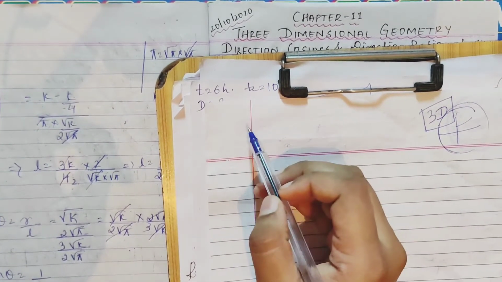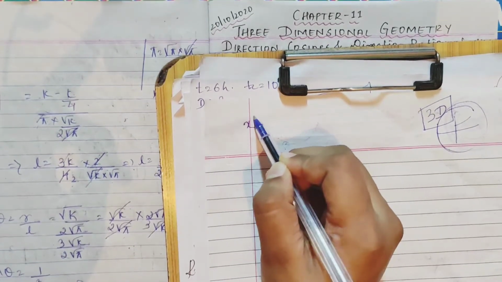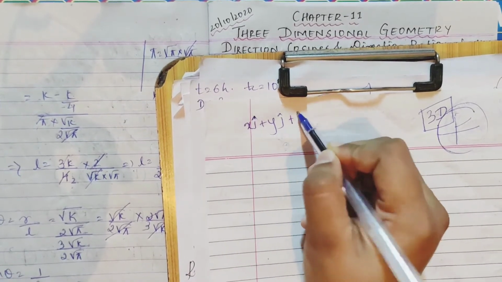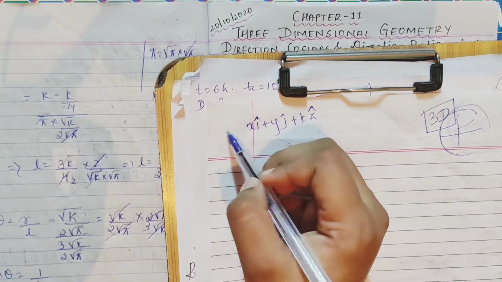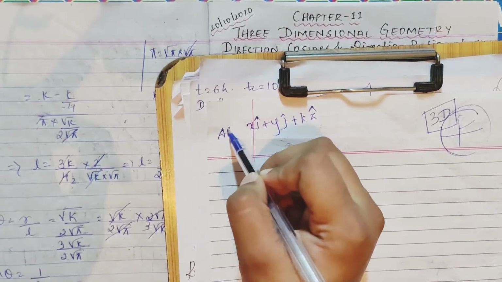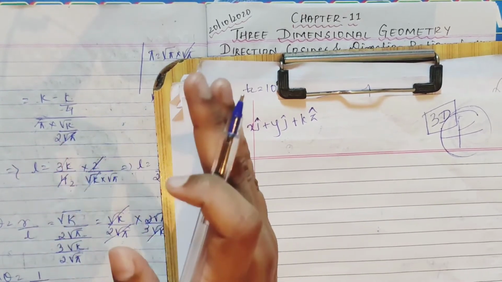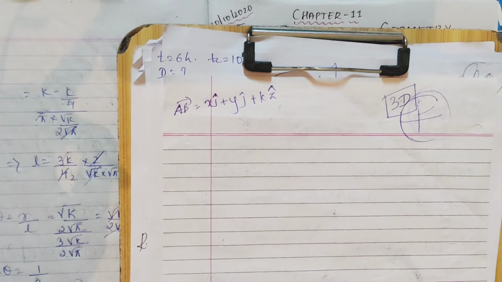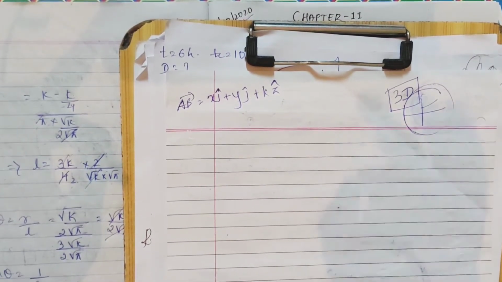Now in your vector algebra, how you have studied: x i cap plus y j cap plus z k cap, right? Like we consider this as vector AB. What is a vector? It has both direction and magnitude, whereas your scalar is just concerned with magnitude.